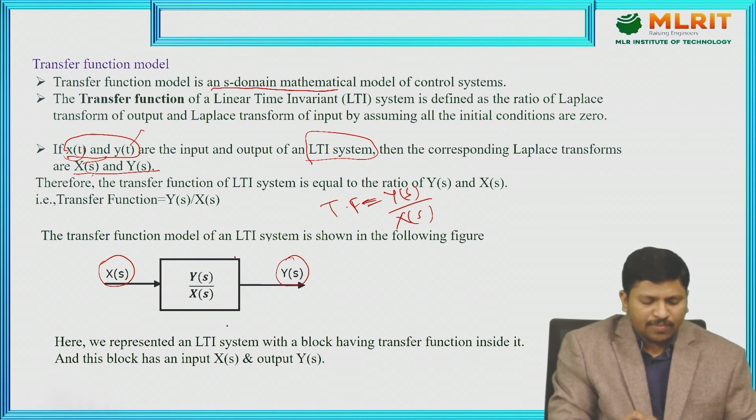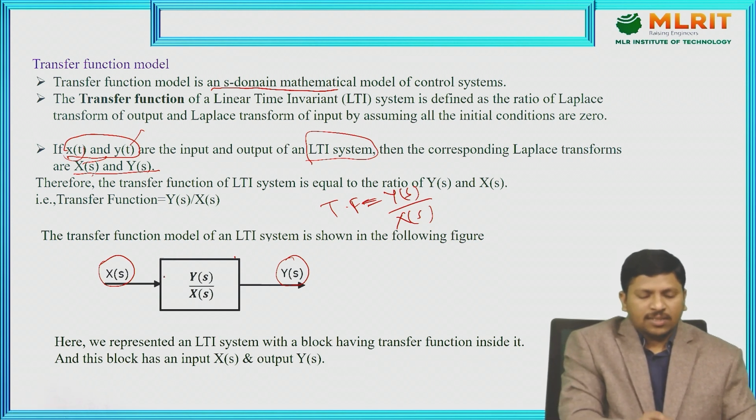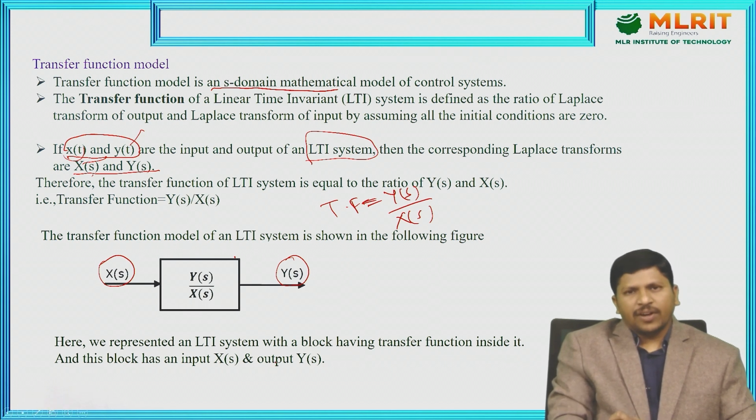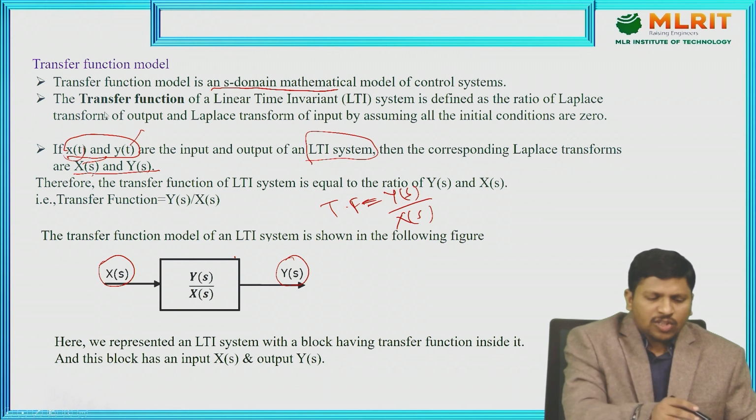Just observe the representation of an LTI system with a block. This is a block having the transfer function inside it, which is nothing but output by input, that is y of s by x of s. Here x of s is the input of the given block and y of s is the output of the given block. This is the transfer function model.